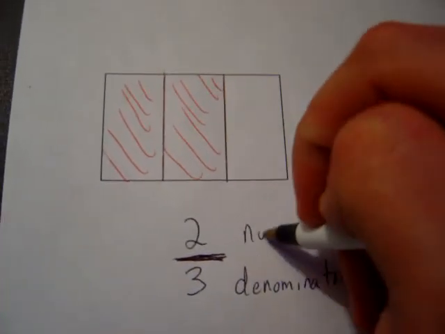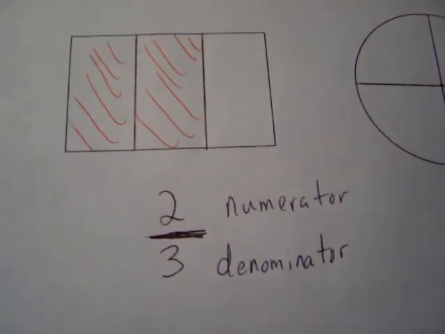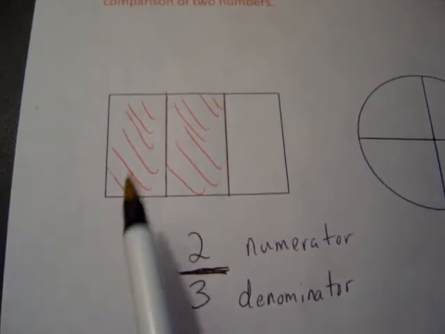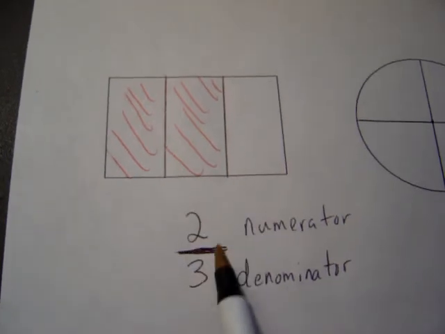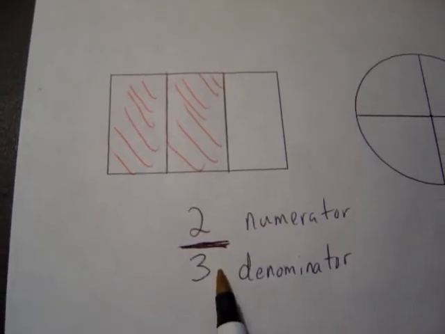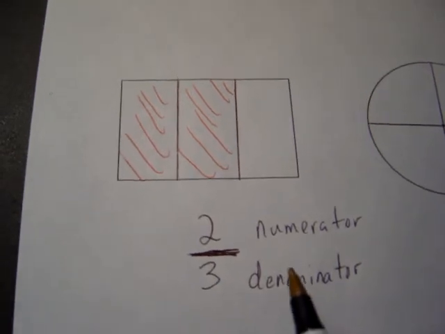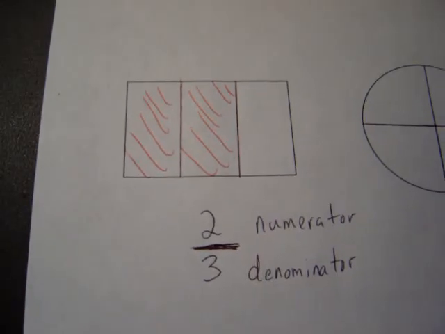Again, 2 is the numerator. It's the top number of a fraction. It indicates how many of these equal parts we're concerned with. So again, we have 2, that's the numerator, out of the 3 equal pieces. This fraction is 2/3. Students also suggested you can remember numerator because n is like north and north points up.